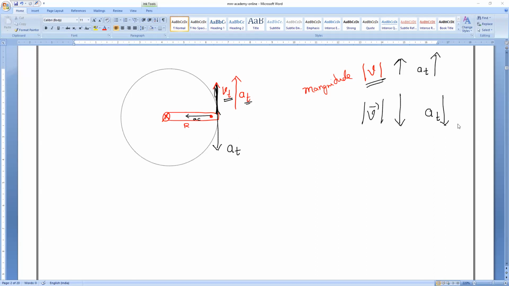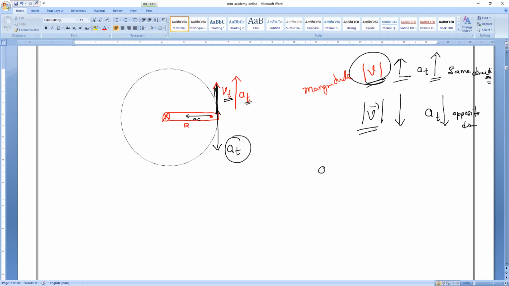If the velocity at that particular point decreases, then in which direction will the tangential acceleration act? Downward direction. So if the magnitude of velocity increases, is AT in the same direction or opposite direction? Same direction. If the magnitude of velocity decreases, then opposite direction.